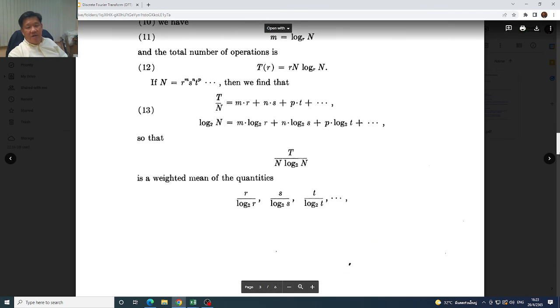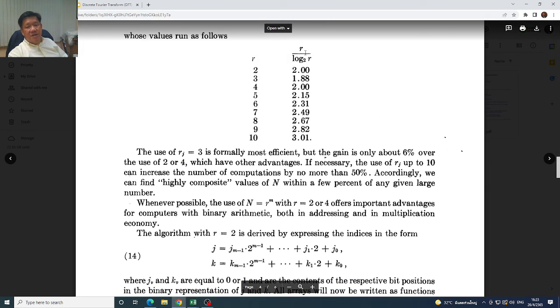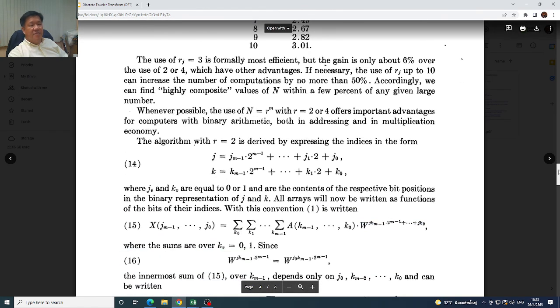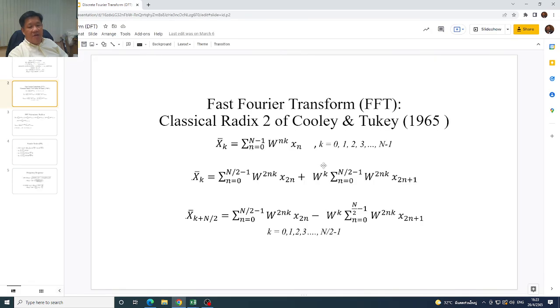This is a reduction of time, that you can see r divided by log 2 of r. If r is a very large number, it keeps increasing. In this case, the obvious way that you can define the n value here is that we set the capital N value as 2 to the power of some integer value.